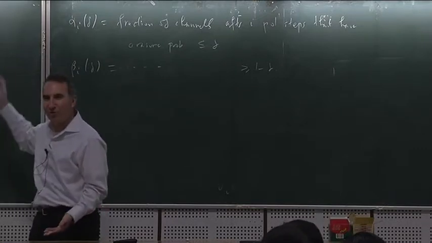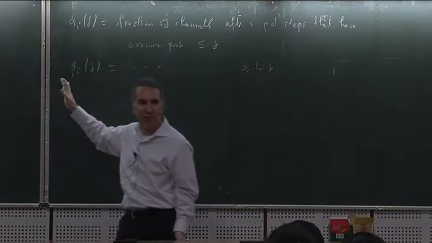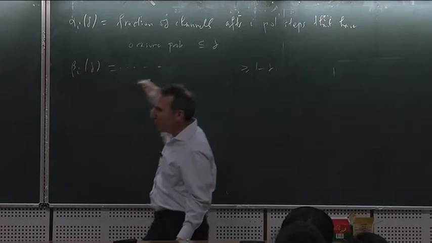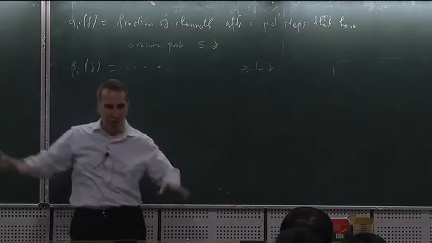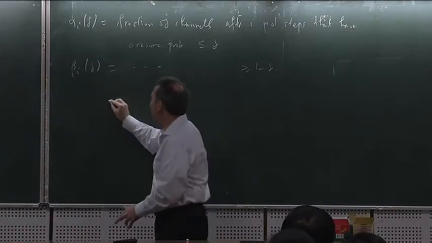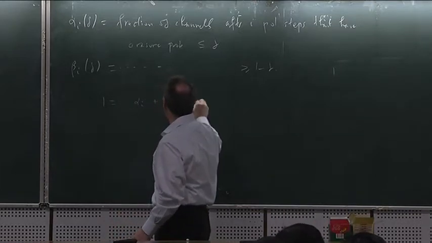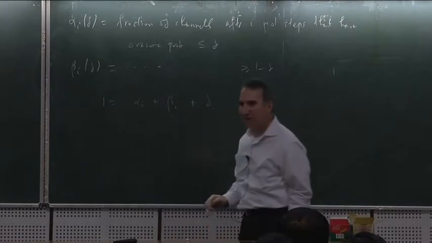There's nothing in between because all cases of erasure are covered. Small erasure probability, you are here. Big erasure probability, you are there. Neither, you are here. So we know that 1 is equal to alpha plus beta plus gamma.